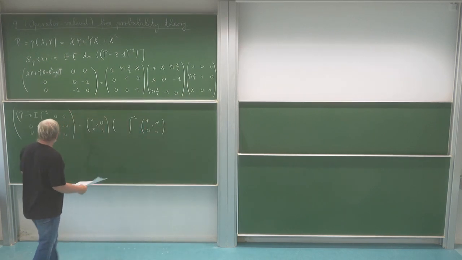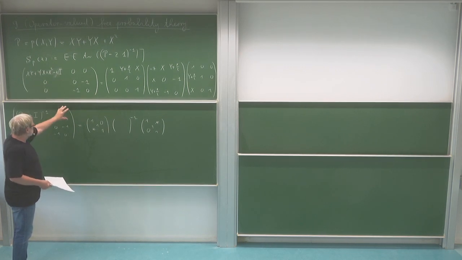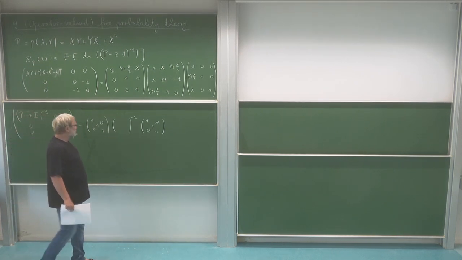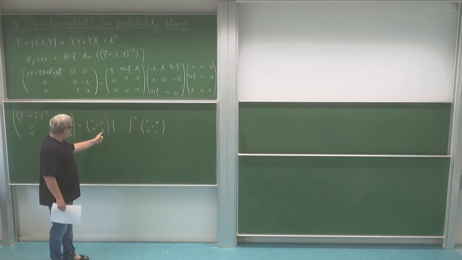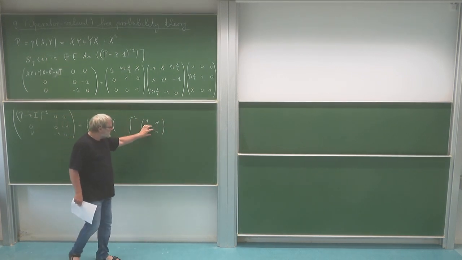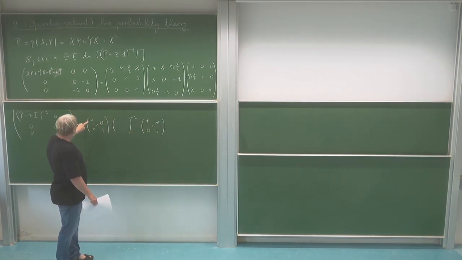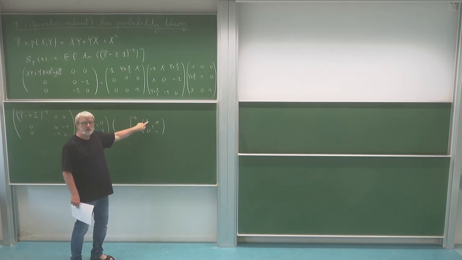Okay, and so now you see that the 1, 1 entry of this matrix, that's what interests me, is given as the 1, 1 entry of this product of the three matrices. Because I have the zeros here and the zeros here, the 1, 1 entry in this guy here is just this 1 times the 1, 1 entry of this guy times this 1.